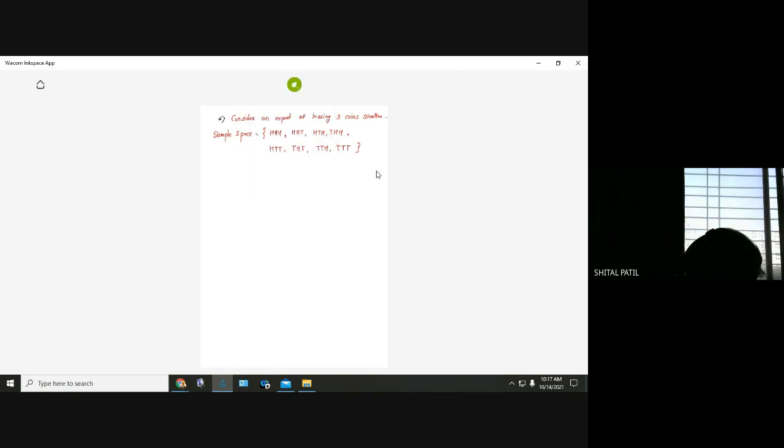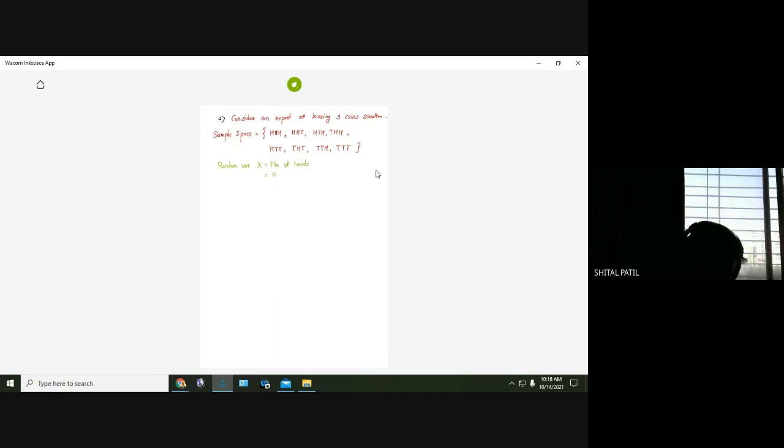Now we want to define X. There are different ways to define X. We can say number of heads, or number of tails. For example, let me consider the number of heads. What are the different possibilities for the number of heads?